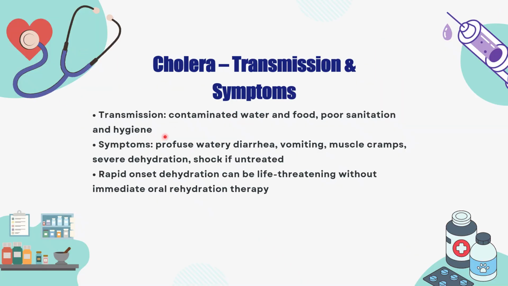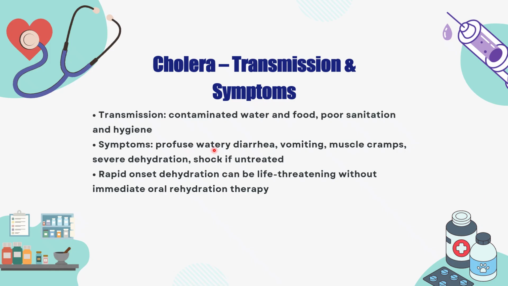The transmission of the disease happens through contaminated water and food, and is also caused by poor sanitation and hygiene. The symptoms are profuse watery diarrhea. Listen to this word, profuse watery diarrhea. It is a characteristic symptom of cholera. Watery diarrhea means the stools look like rice water.